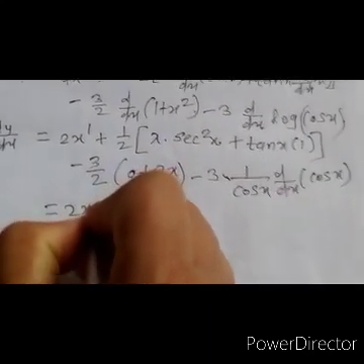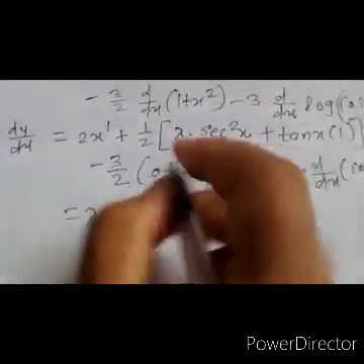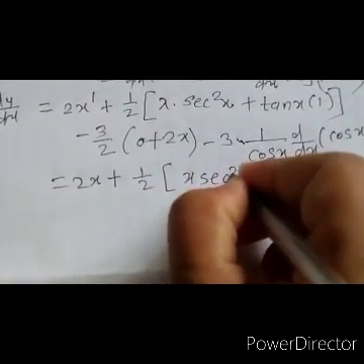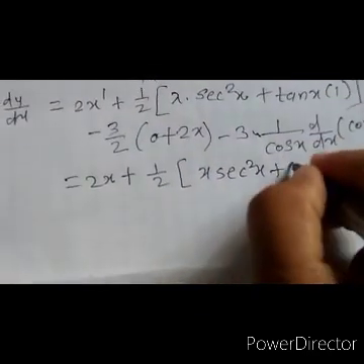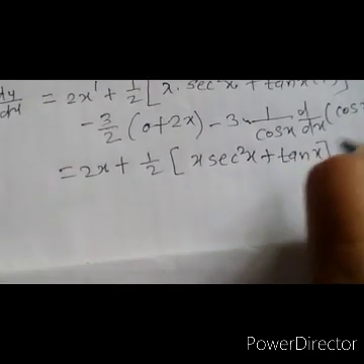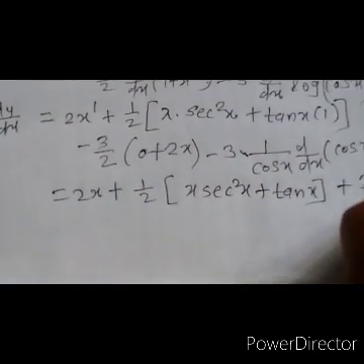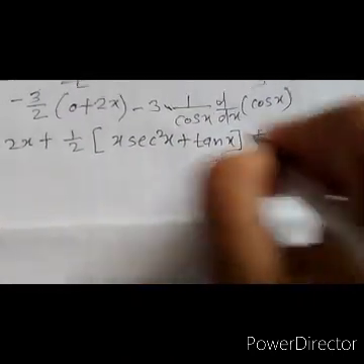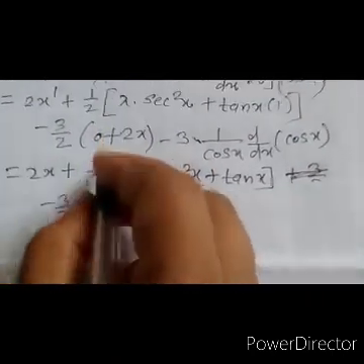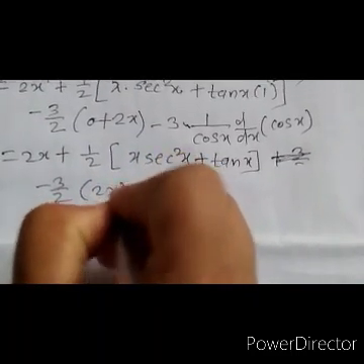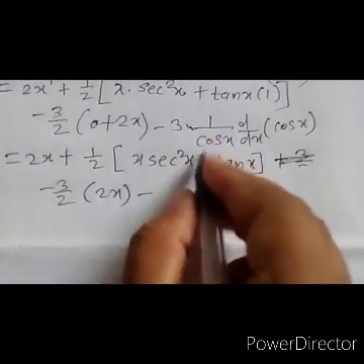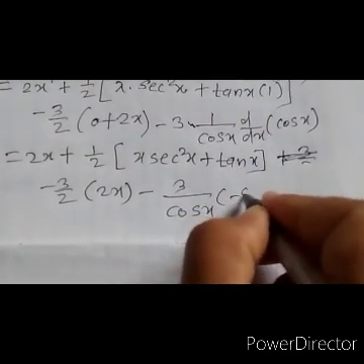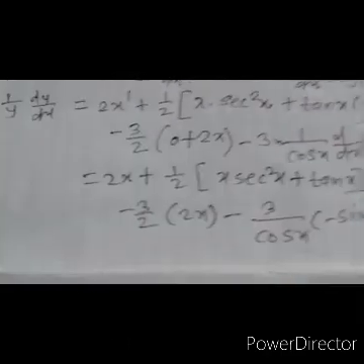Now here 2x¹ means 2x, plus 1 upon 2 in bracket x sec²x plus tan x into 1, that is tan x, plus 3 minus 3 upon 2 into 2x, minus 3 into 1 upon cos x, and derivative of cos x, that is minus sin x.